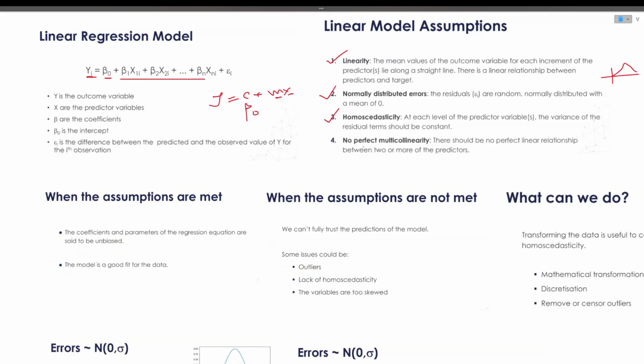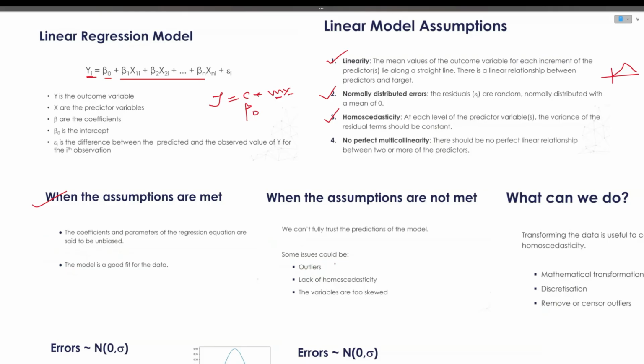We look into these, and obviously these are assumptions we want to have. When they are met, the model is a good fit for the data, and this is how we get the result. When they are not met, we need to actually correct these scenarios.